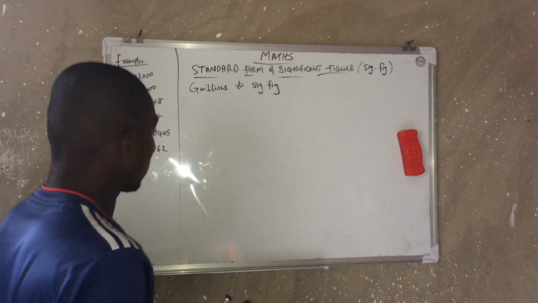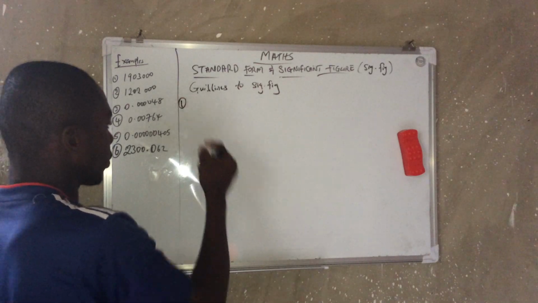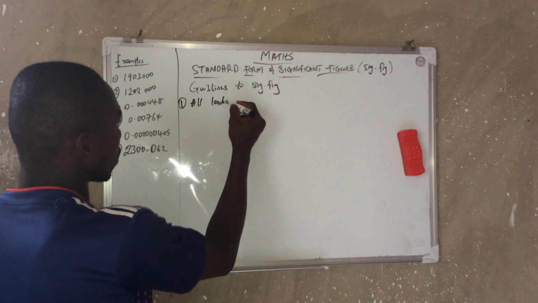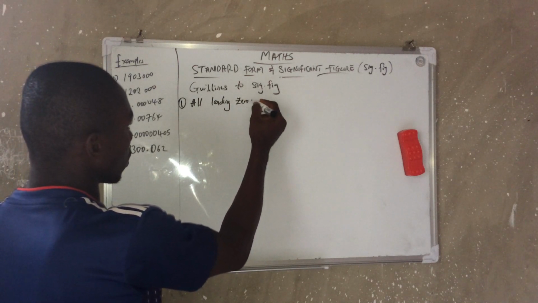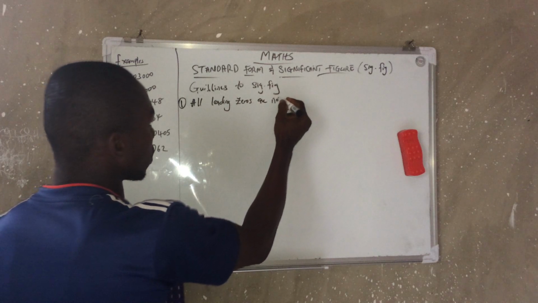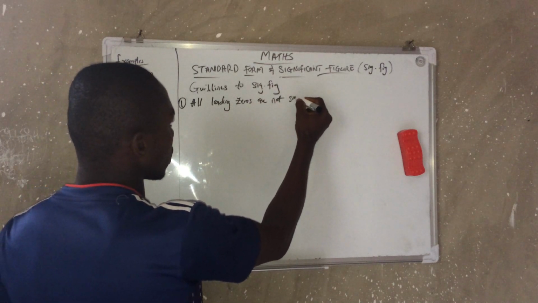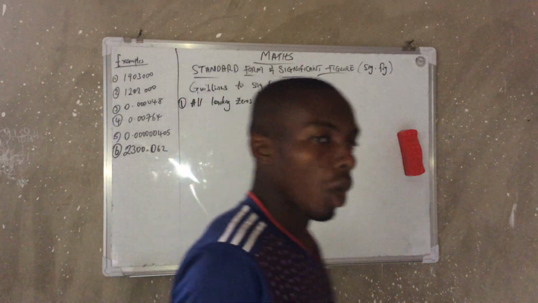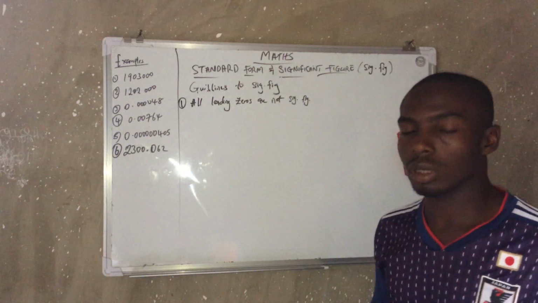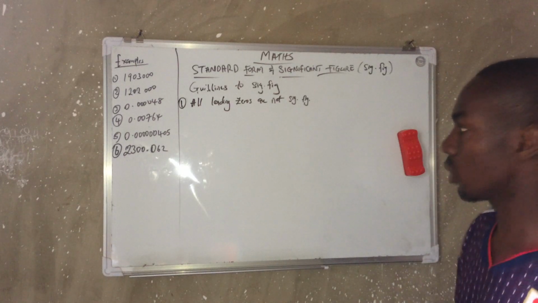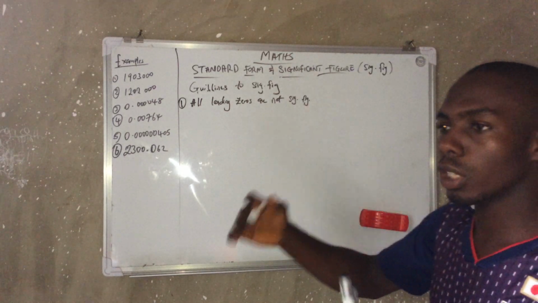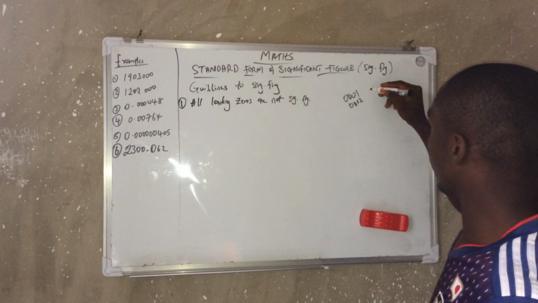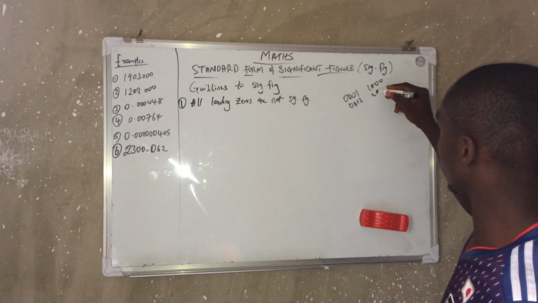all leading zeros are not significant figures. All the leading zeros are not what? Significant figures. Just as we saw in that serial number example, 0001, 0002, and 1000, 2000.